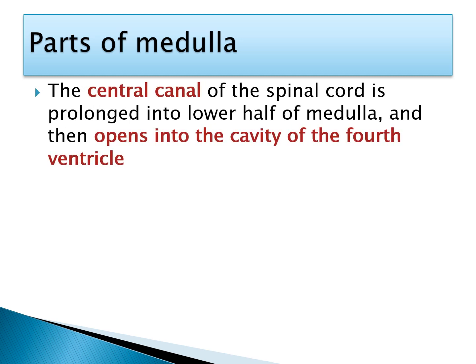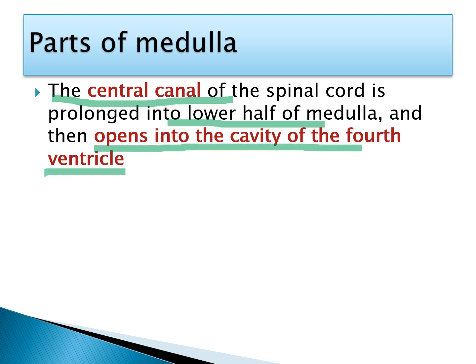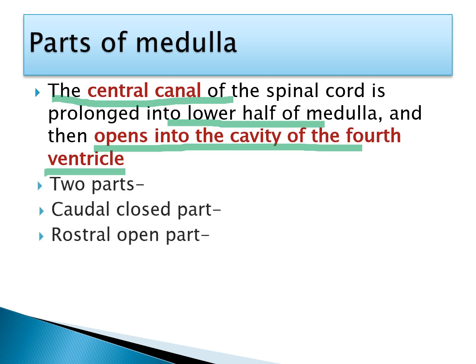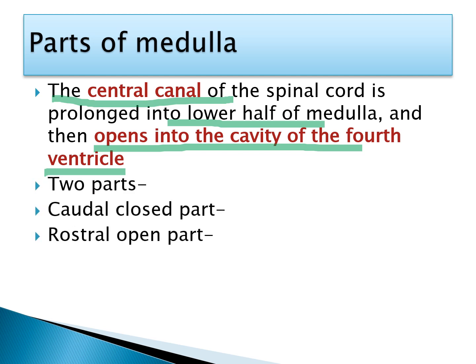In the spinal cord, you have learnt there is a central canal. It extends into the lower half of the medulla, then opens into the cavity of the fourth ventricle. So now you should have understood it has two parts. The caudal part is the closed part and the rostral part is the open part. These are the two parts of the medulla oblongata.